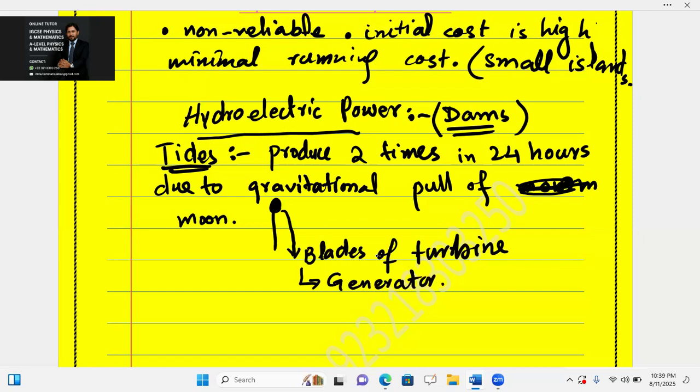Such electricity is basically AC, alternating current. This creates no pollution, and it is renewable.